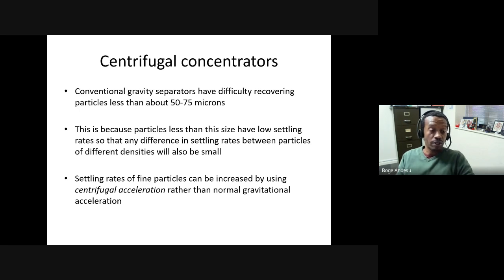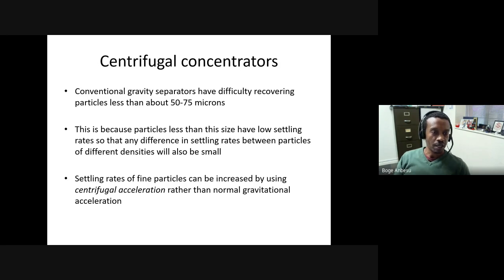So in cases where you're dealing with fine particles, say below 50 microns, most of those separators I mentioned may not be applicable. So what you need is maybe a different type of concentrator. We call them centrifugal concentrators. In centrifugal concentrators, instead of just relying on gravitational acceleration, we also apply centrifugal acceleration. This allows separation of finer particles.